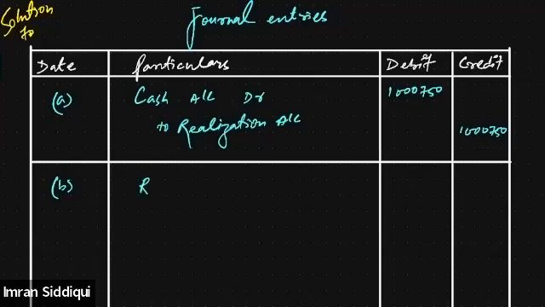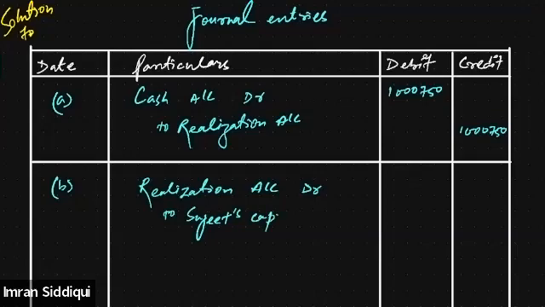In that case, realization account will be debited to Sujit's capital account, and the amount will be 10% of the realized value. 10% of 10,750,000 is 1,75,000.